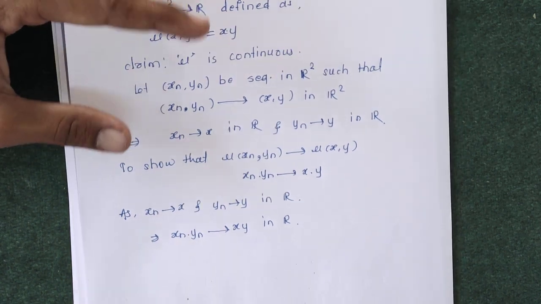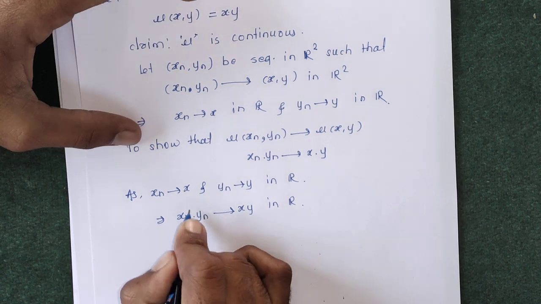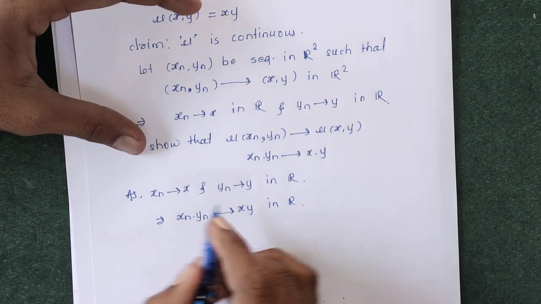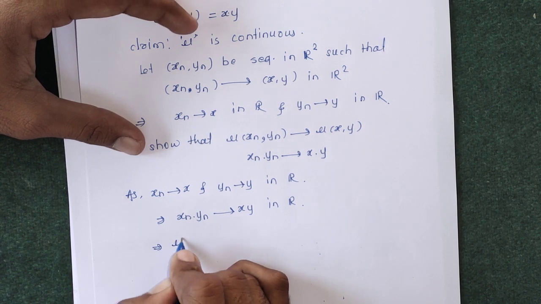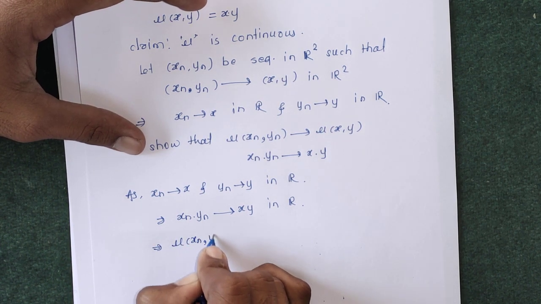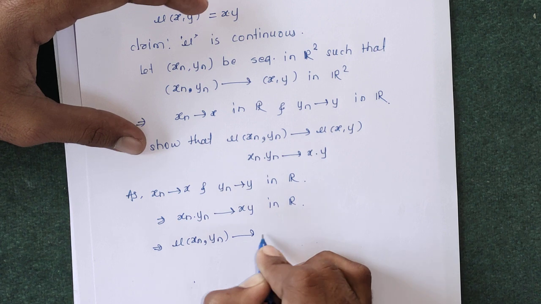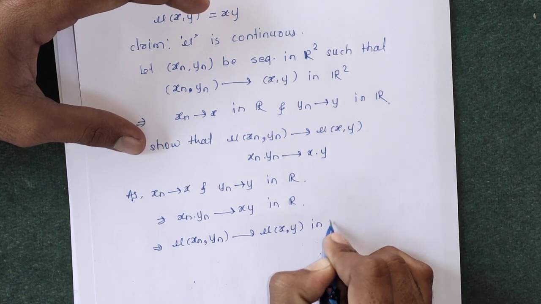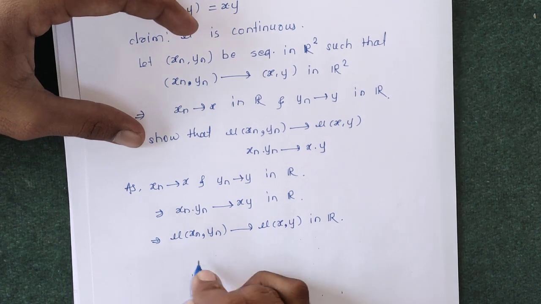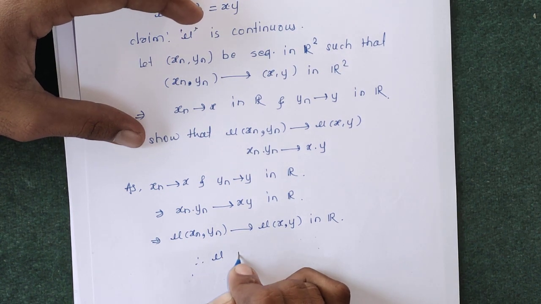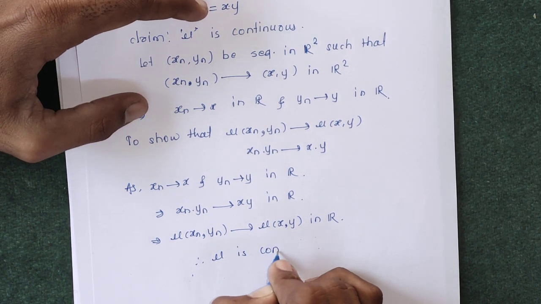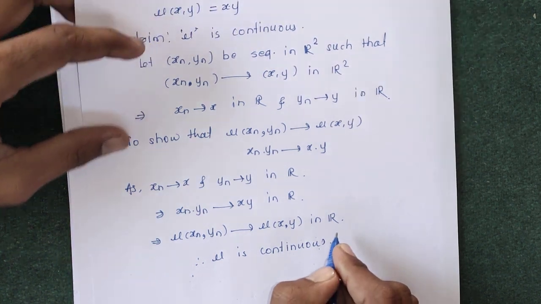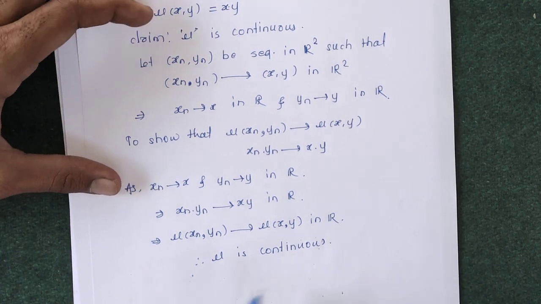So xn into yn converges to xy in R. This is the image of mu of (xn, yn), and this is the image of mu of (x, y). So this implies mu of (xn, yn) converges to mu of (x, y) in R. Hence, the given function mu is a continuous function.